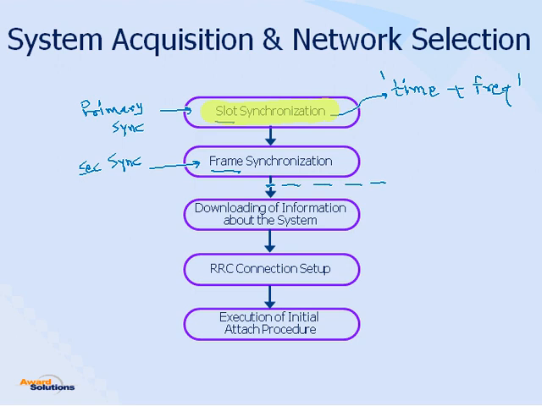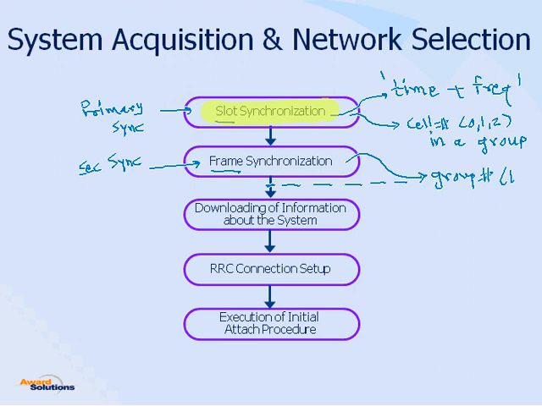And the byproduct of this operation is that we will know basically the cell number 0, 1 or 2 within a group. And once we look at the secondary synchronization signal, we will know the group number, the cell group number.